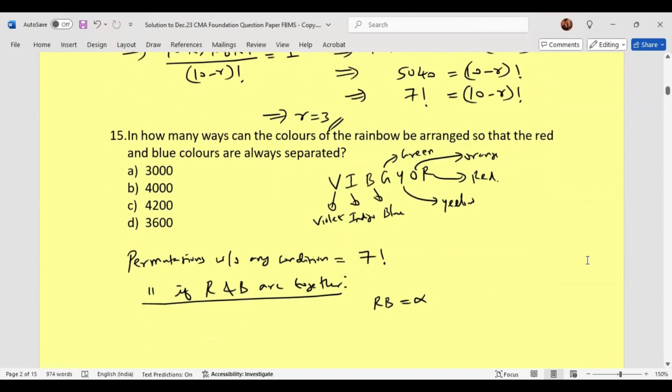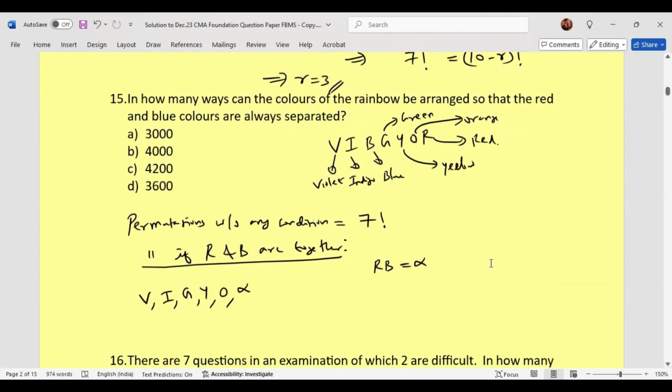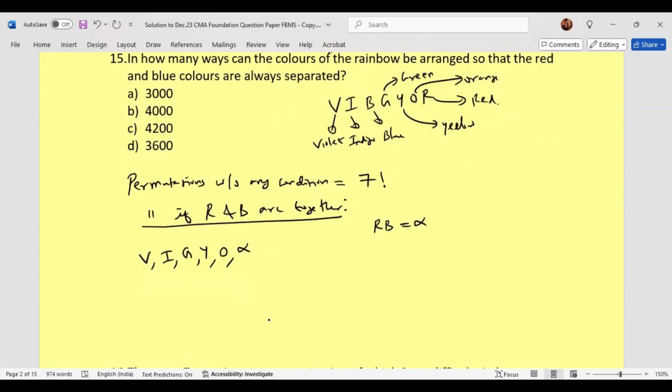So now the letters available are V, I, G, Y, O, and R and B together as alpha. So now there are 6 letters. 6 letters can be arranged in 6 factorial ways. But this R and B can be interchanged in 2 factorial ways. So 6 factorial multiplied by 2 factorial.